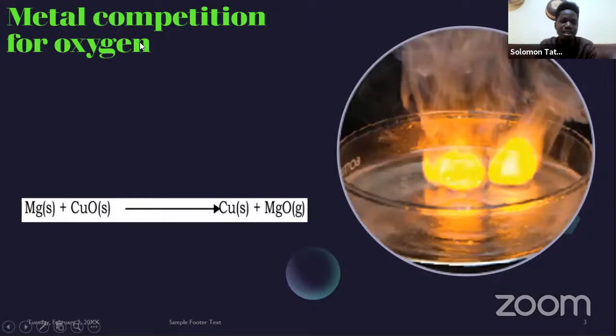Who can tell me what metal competition for oxygen means? I even have an equation here showing how it happens. What is happening here?